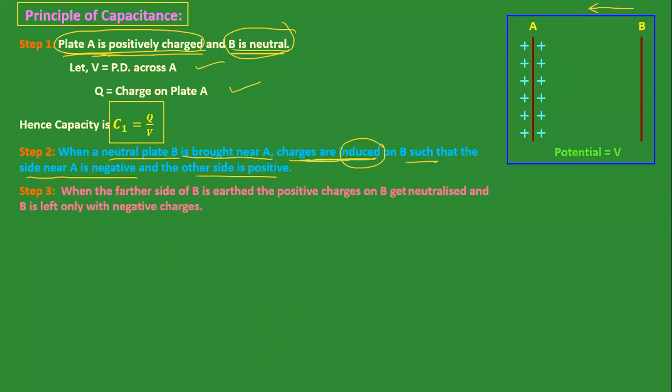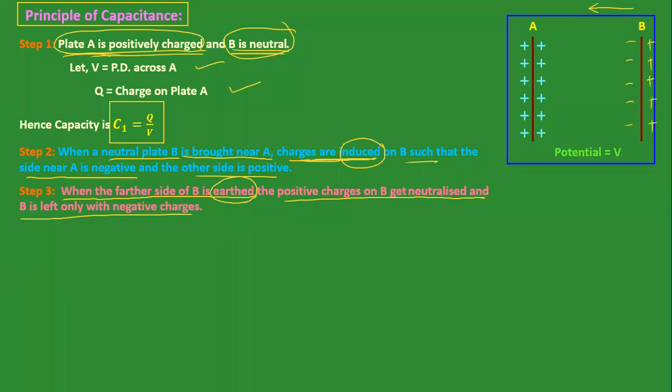When the further side of B is earthed, that is, grounded, connected to ground, the positive charges on B get neutralized and B is left with negative charges. Pay attention. So here negative charges are produced and on this side positive charges are produced as per step 2.